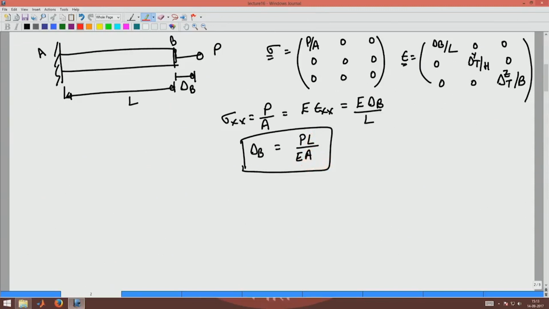Now, let us apply this to some problems that are of interest. The first problem that I am going to solve is the following. I have a stepped cylinder.